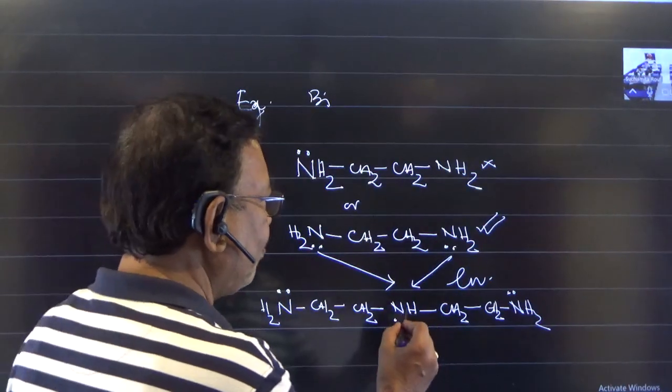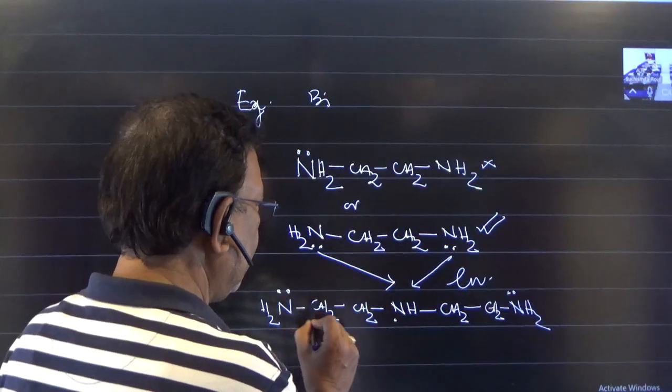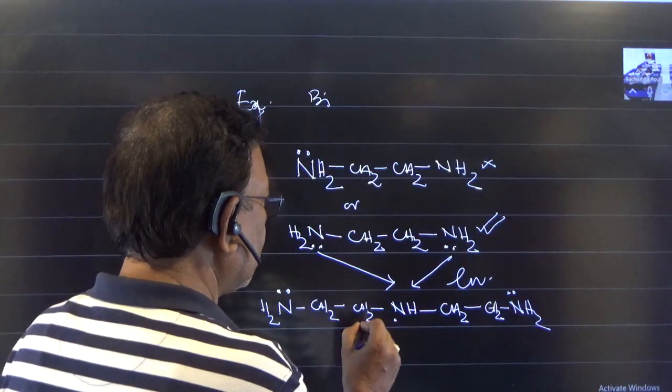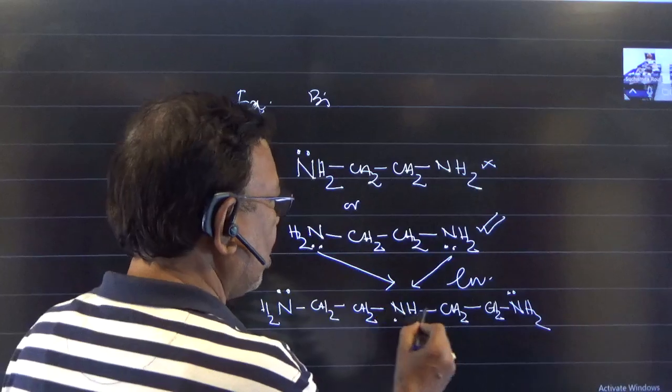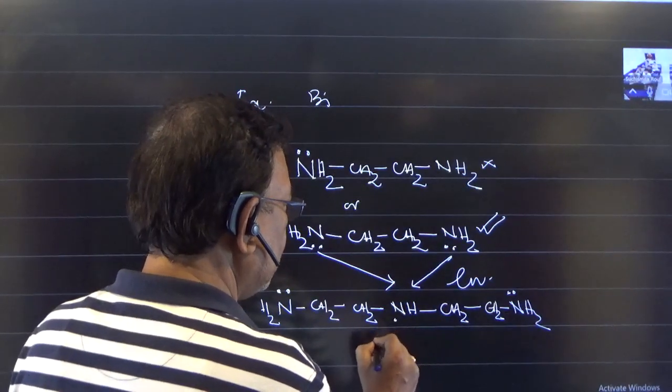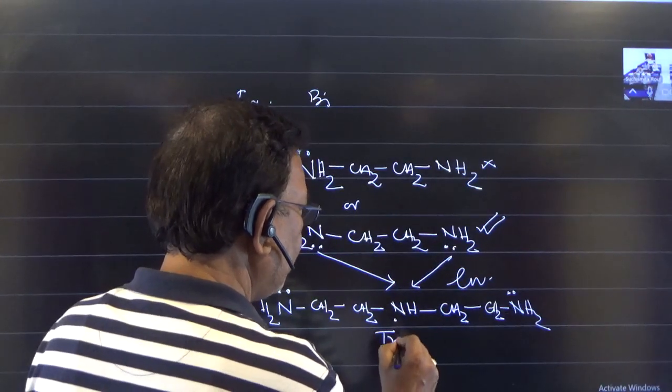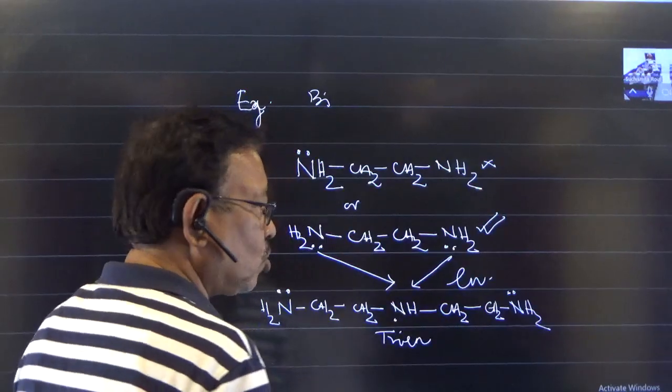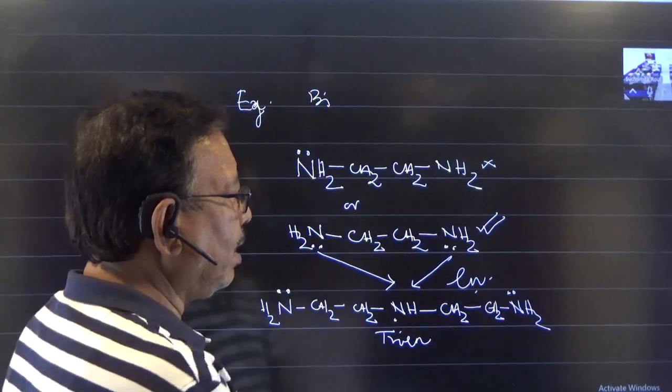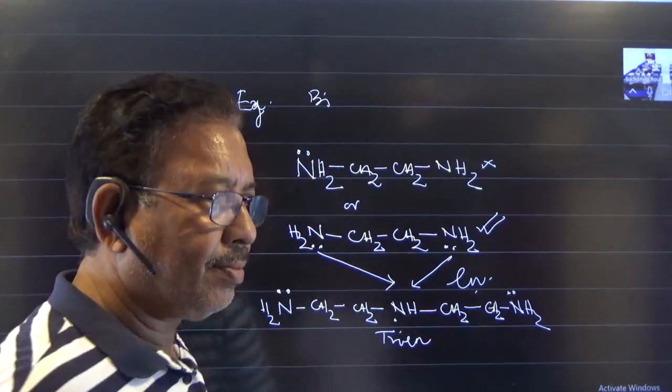Diethylene triamine. Here this is ethylene, this is triamine, correct. The symbol is dien.